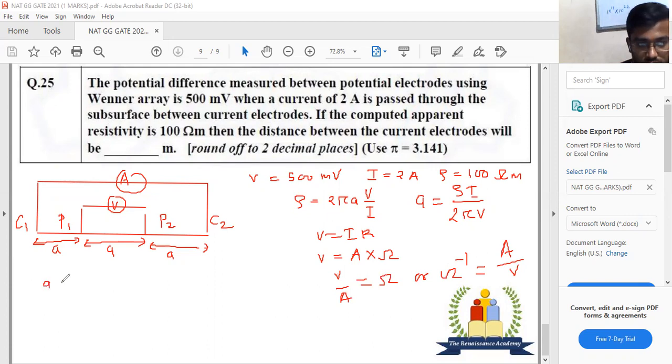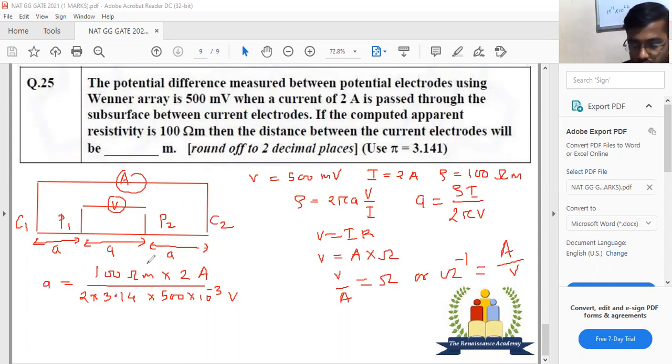Now use the formula, A is equal to rho into I, where rho is 100 ohm meter and I is 2 ampere, divided by 2 multiplied by 3.14, that is 2 pi, times V. V is 500 millivolt, and milli means 10 to the power minus 3 volt. So A by V means per ohm, and the per ohm and ohm get cancelled.